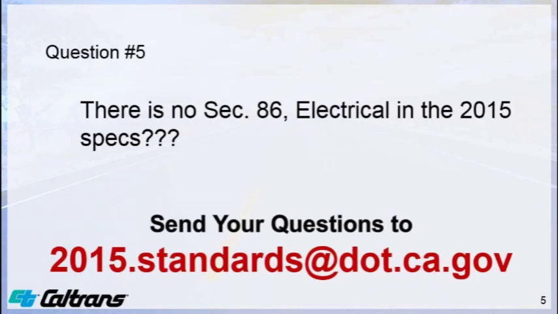Question 5. There is no Section 86 electrical in the 2015 specs. You are correct. There are none in the published version hard copy of the book. The reason for that is the Section 86 electrical sections were not ready for prime time to go out.